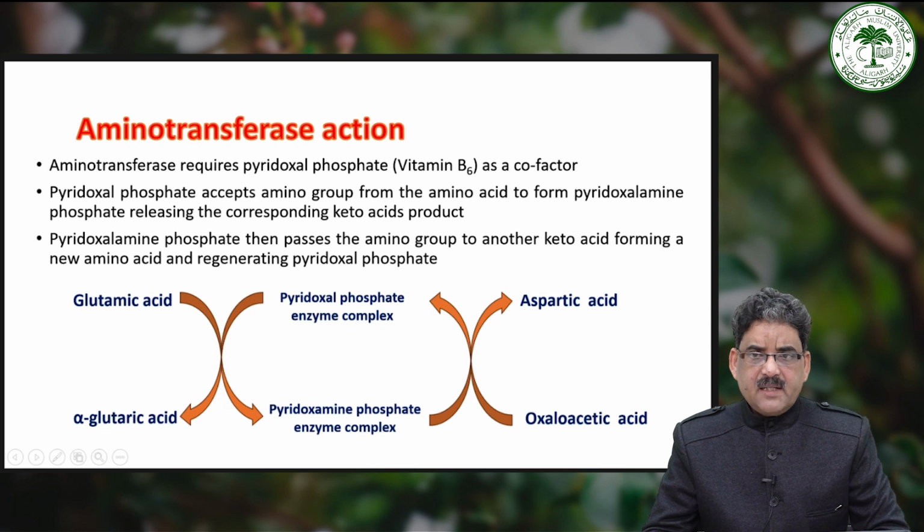Aminotransferases depend on pyridoxal phosphate, that is vitamin B6, as a crucial cofactor for their enzymatic activity. This cofactor PLP forms a covalent bond with the protein, that is E-PLP, at the enzyme's active site through a Schiff base linkage with the epsilon amino group of a lysine residue.